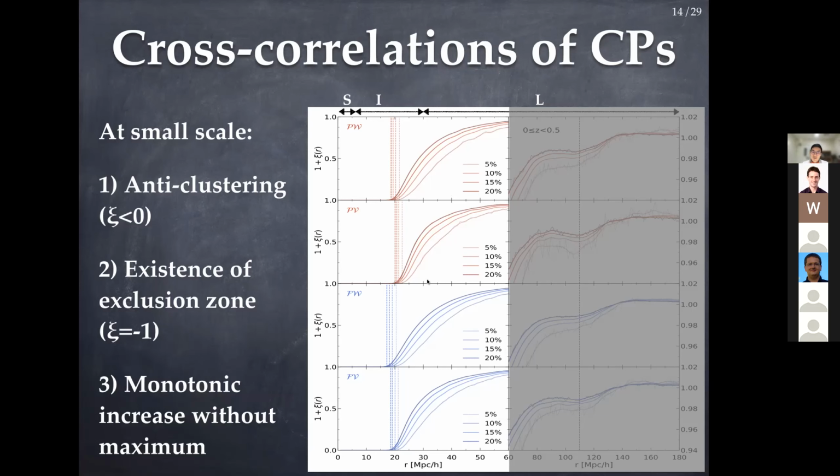And their dependence on rarity is kind of opposite to the autocorrelations, in the sense that the transparent line is for 5%, which means we are using the rarest critical points. So these peaks are the highest ones, whereas these wall points are the most underdense ones. So their clustering is weakest compared to the others.